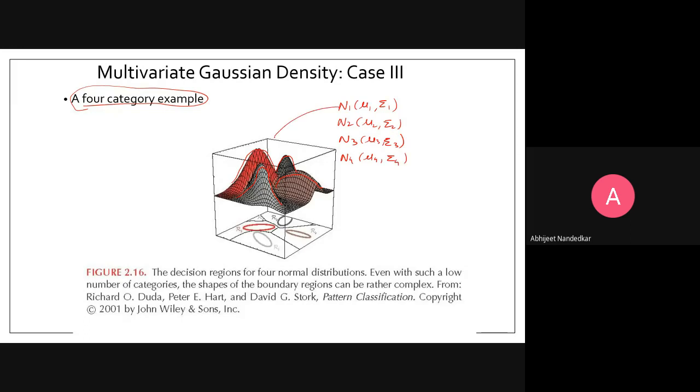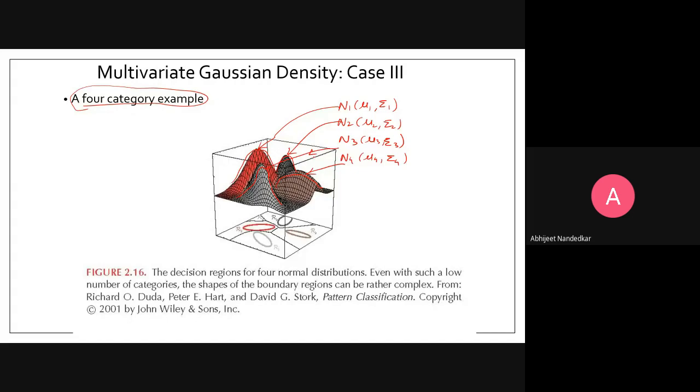So I have 4 classes, and each class is represented by its own normal distribution curve.